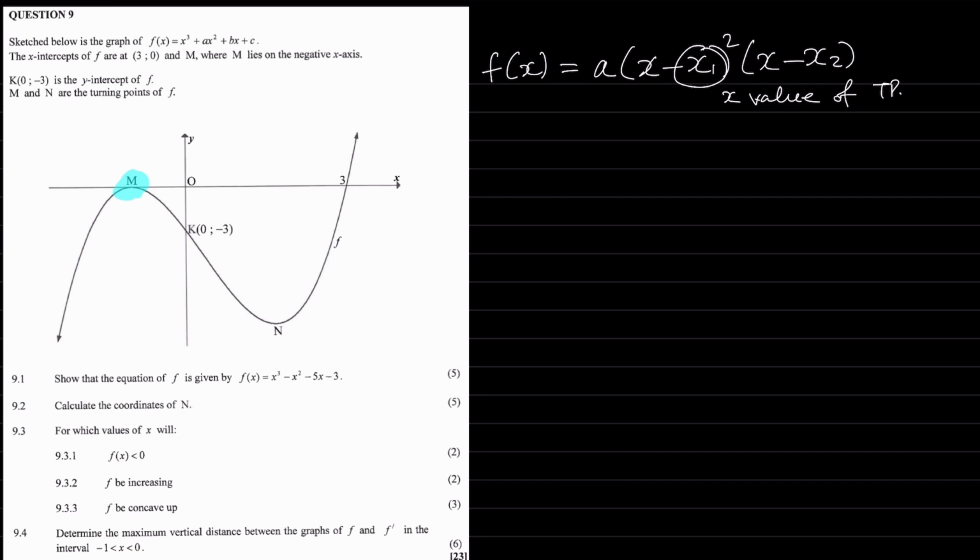Now in this case, we don't know what it is, so let's leave it as xm, the x value for point m.